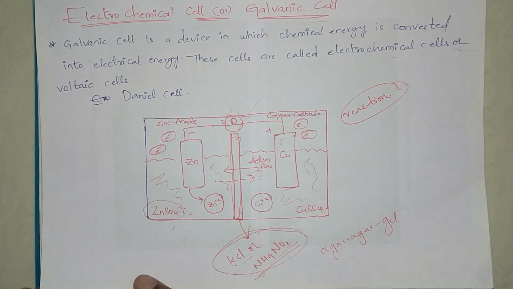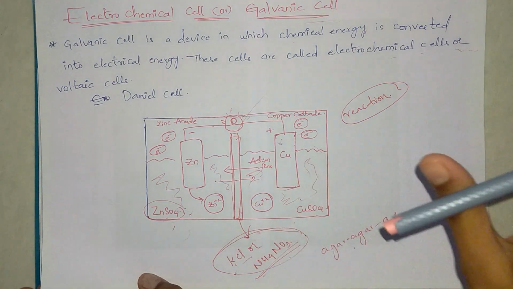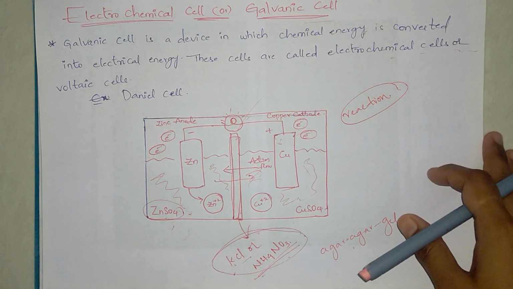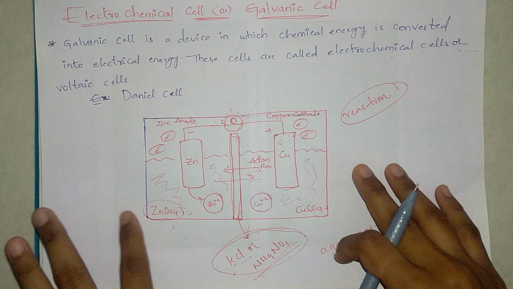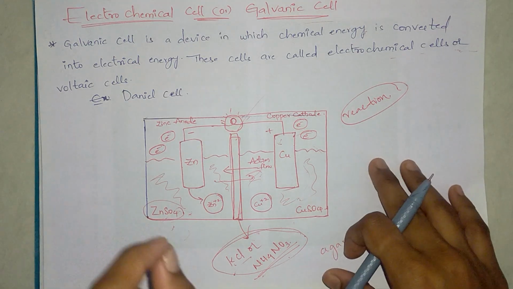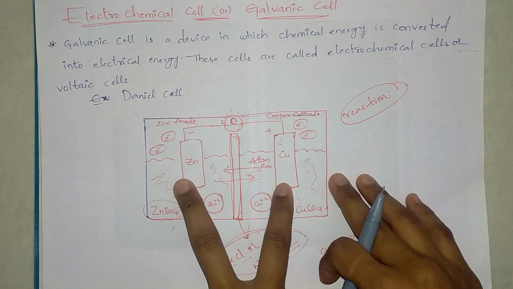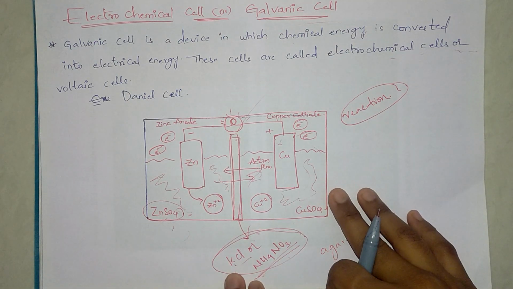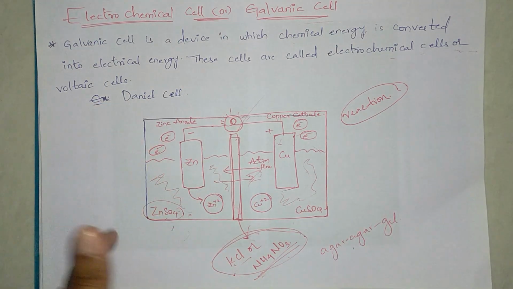Not just this cell, in every cell this is the basic phenomenon. In any other concept related to batteries or cells, you will have 2 electrodes like this and a separator for them, and they are dipped in some solutions.